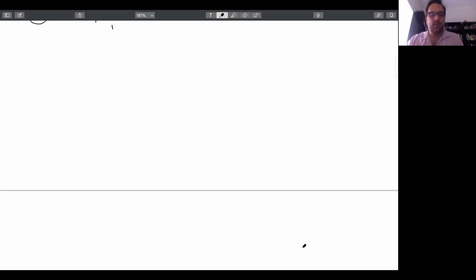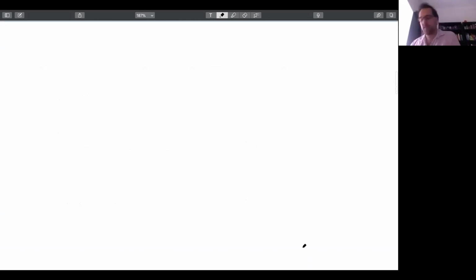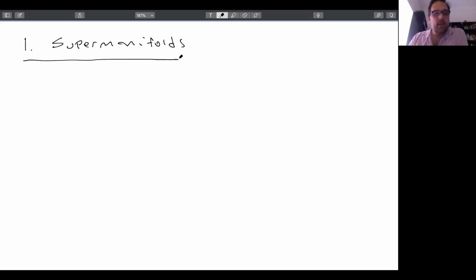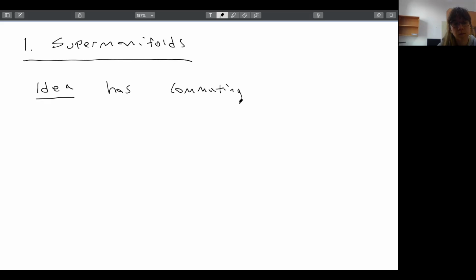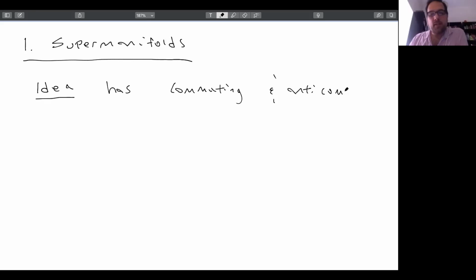Okay, so what is a supermanifold? So the idea is that a supermanifold has commuting and anti-commuting coordinates.